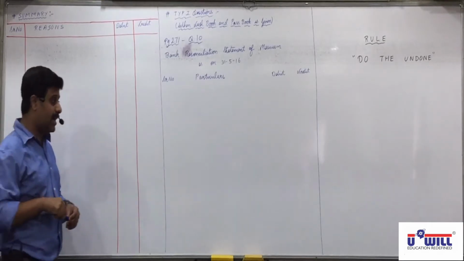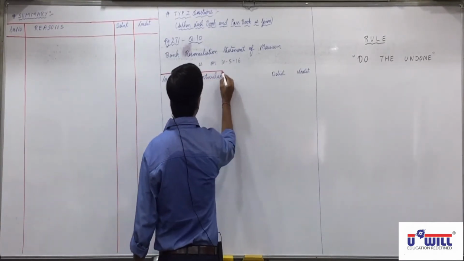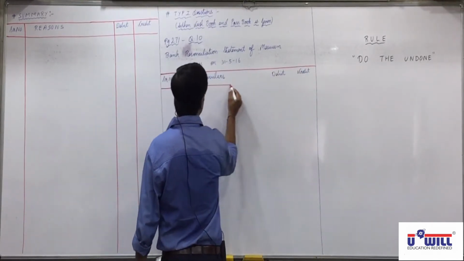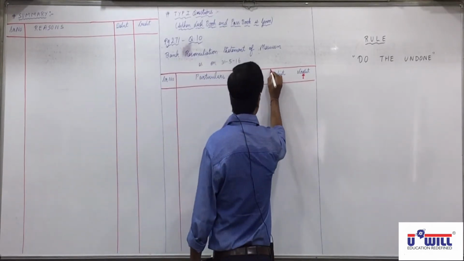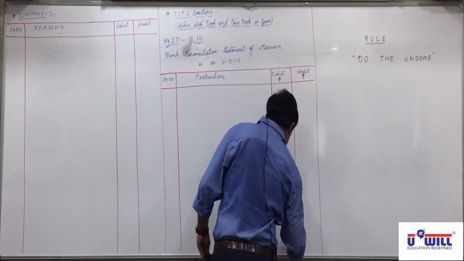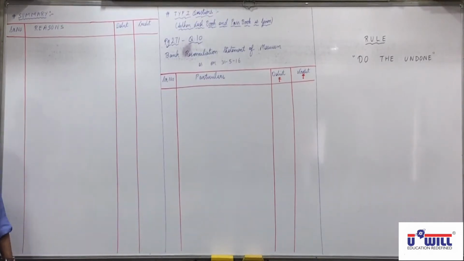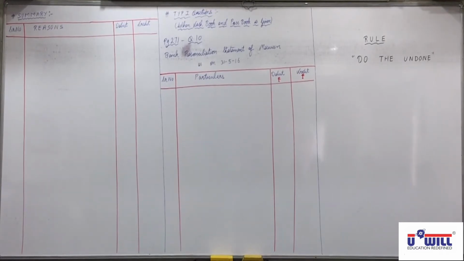Okay, serial number, particulars, debit and credit. Yes, did you all make the columns? Raise your hand who is still making it.